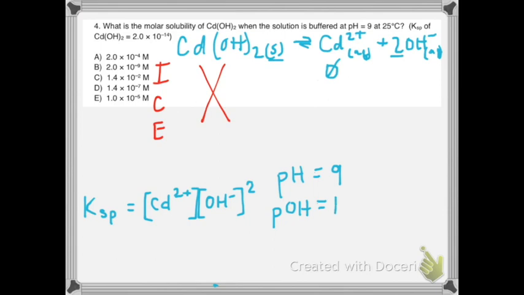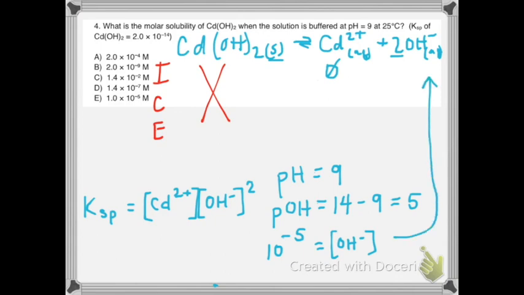And we know that's going to be 14 minus 9, which is equal to 5. We care about this because 10 to the power of the negative pOH, which is 5, is going to be equal to our hydroxide concentration. And so this will be the initial value that we use up here.